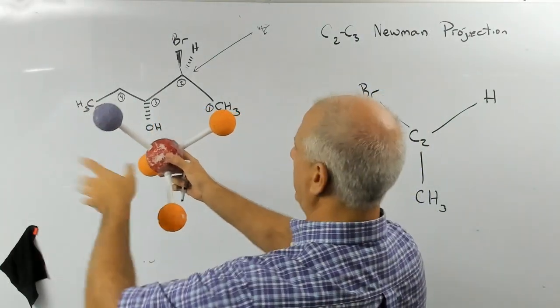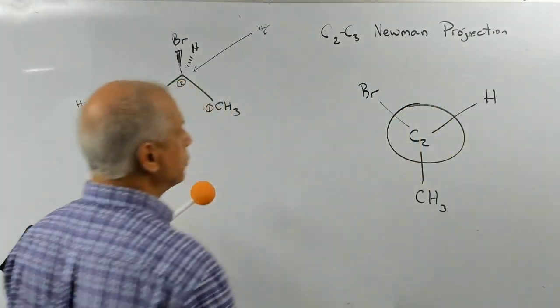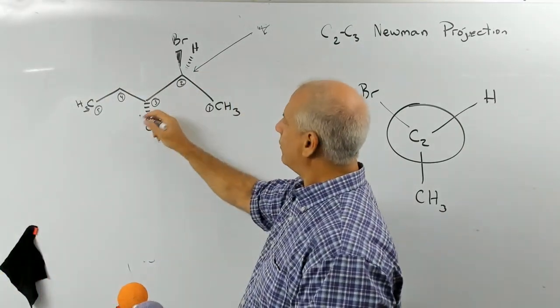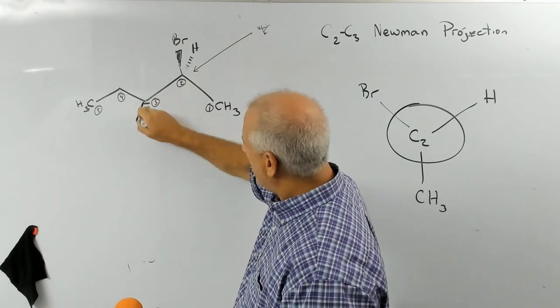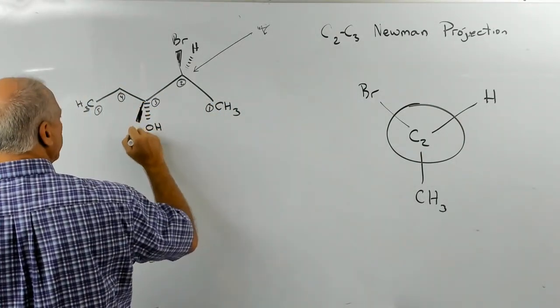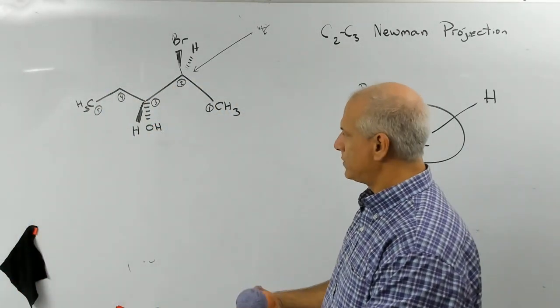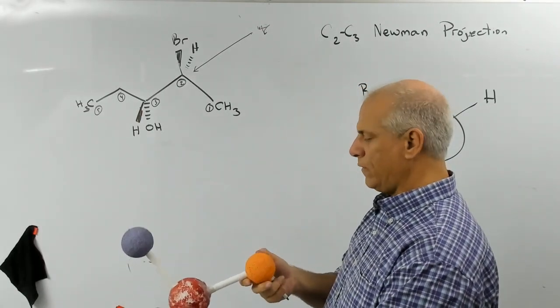Now, there's a carbon in the back, C3, which we cannot see. And so C3 over here, if there's an OH dashed back, that means that it has to be a hydrogen wedged coming forward. So now in that case, I'm going to hold this like this over here.